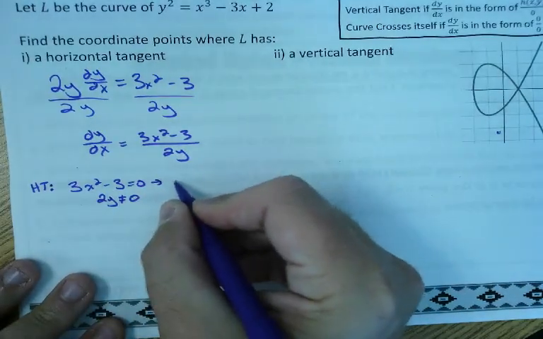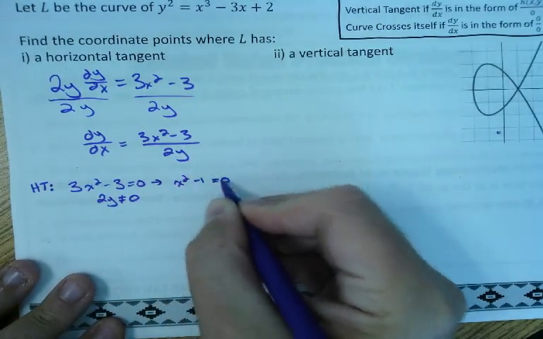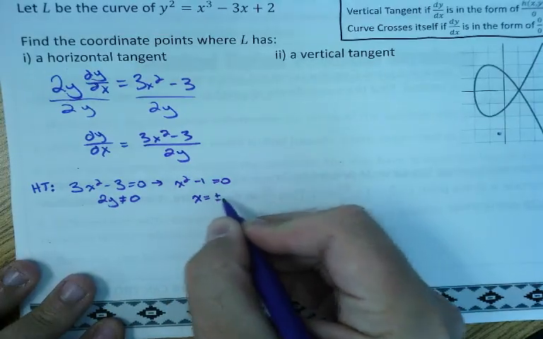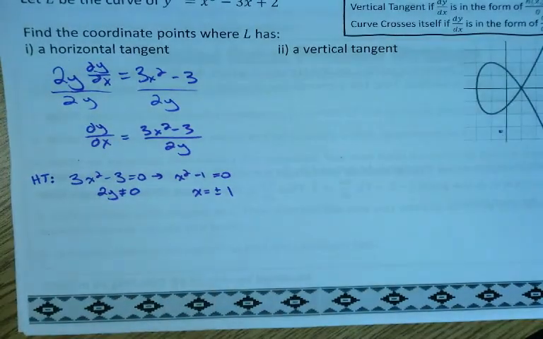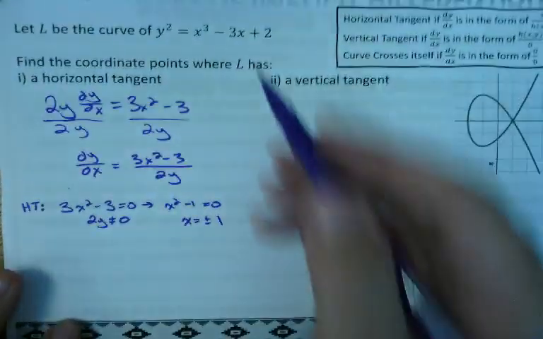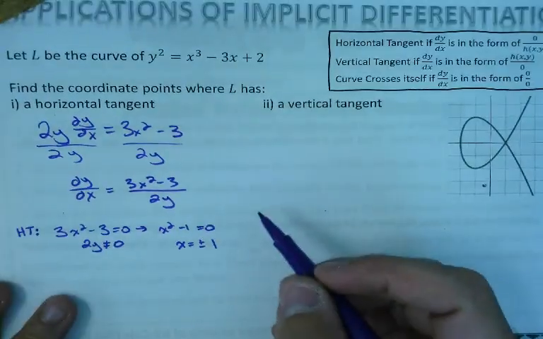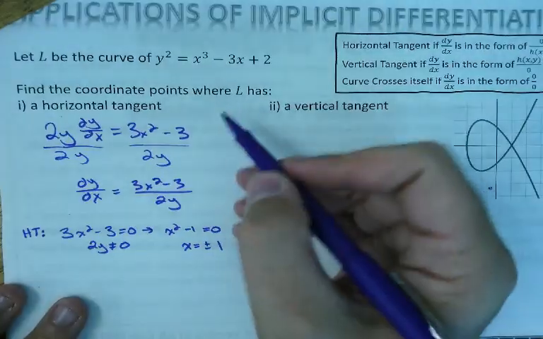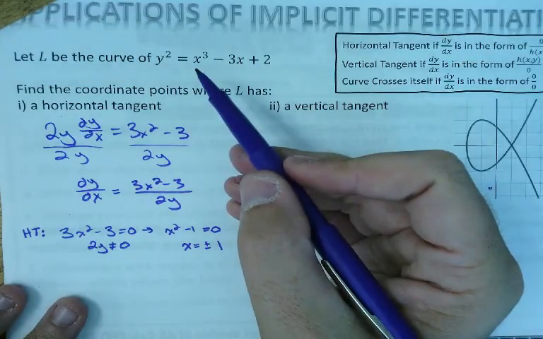That's going to give me x squared minus 1 is equal to 0, which will give me x equals plus and minus 1. So the numerator will equal 0 for dy/dx if I have x equal positive 1 or negative 1. It wants the coordinate points, which means I need to find the y values. So I'm going to plug this back in to find the y values. Where do I plug it back into? All the way up here.